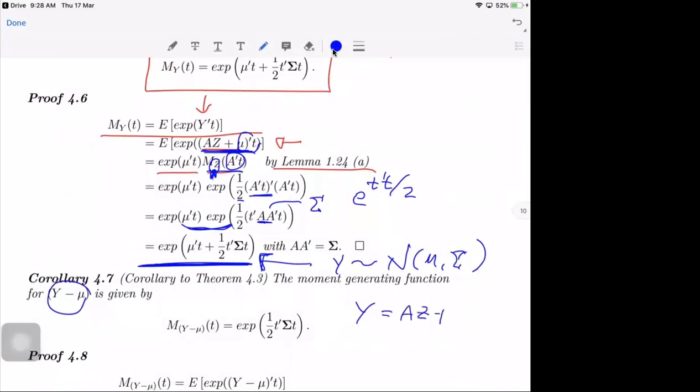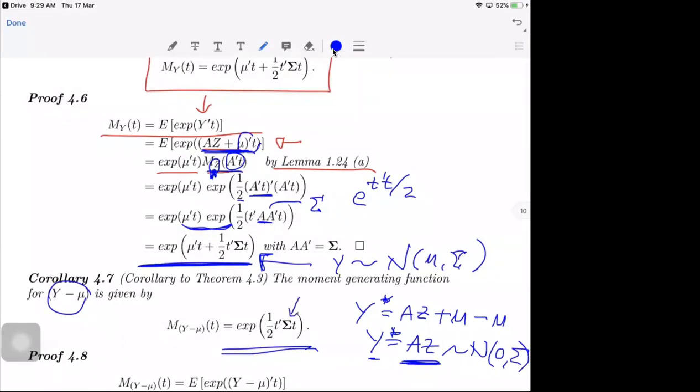Az plus mu, and then if you subtract mu, of course you just have Az left. So we see here that this y star will become normal, but the mean is 0 and the variance is sigma, no? Because of sigma here.